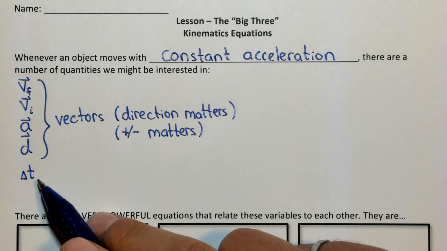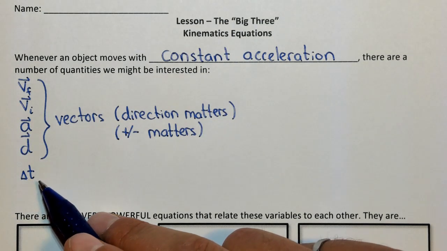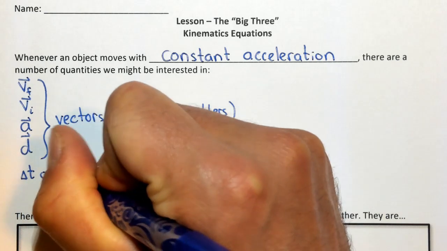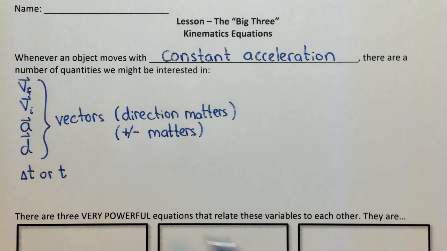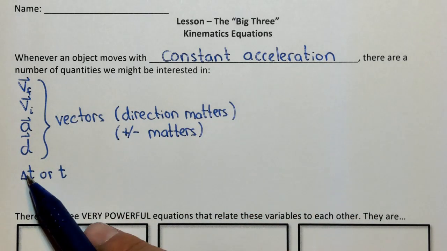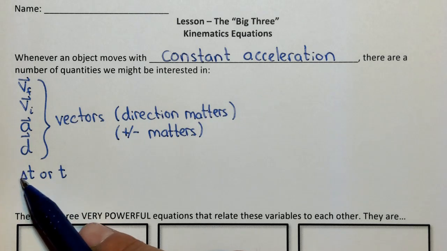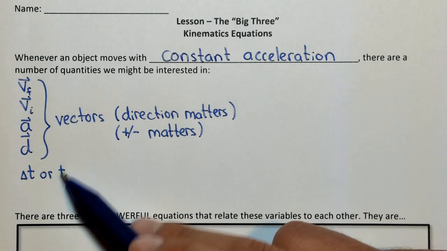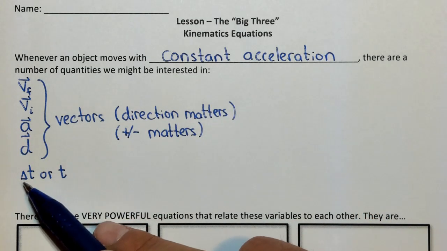Delta t, which we're going to start writing as just plain old t. When you see me write this in the formulas coming up down here, I don't mean something different than delta t. I still mean delta t. We're just dropping the delta as a way to clean the formulas up and make them a little bit less cluttered. So when you see this from now on in this lesson, I do mean delta t.